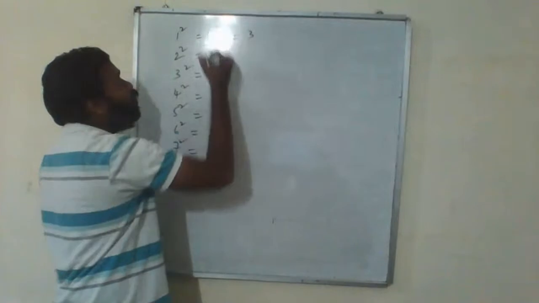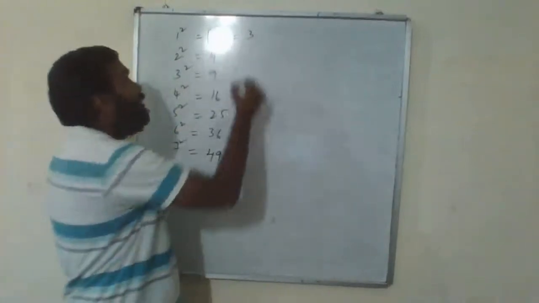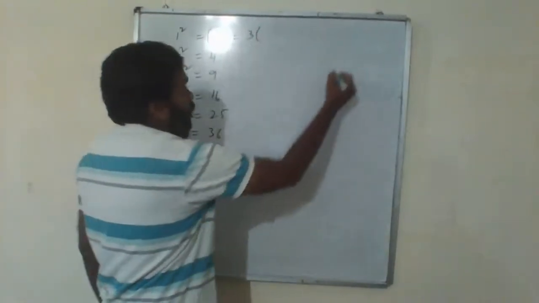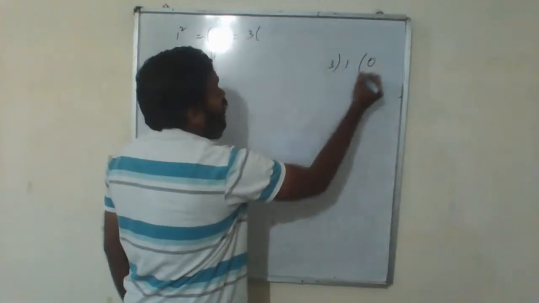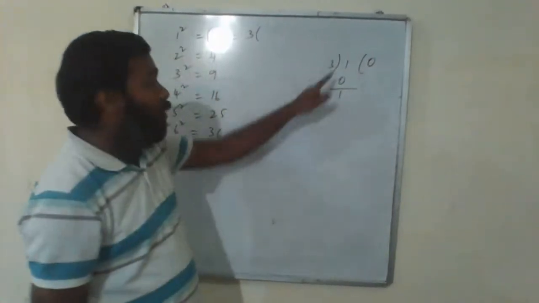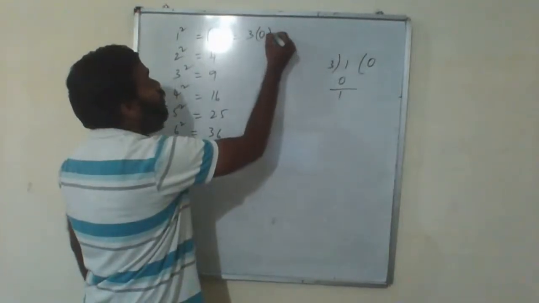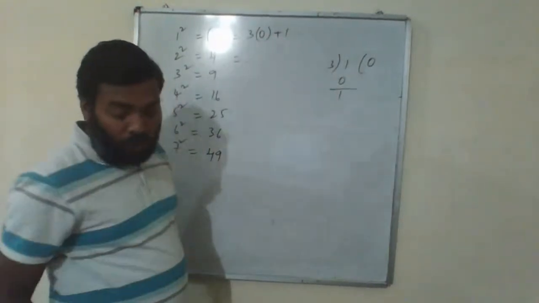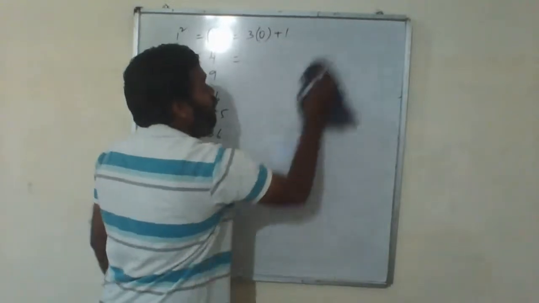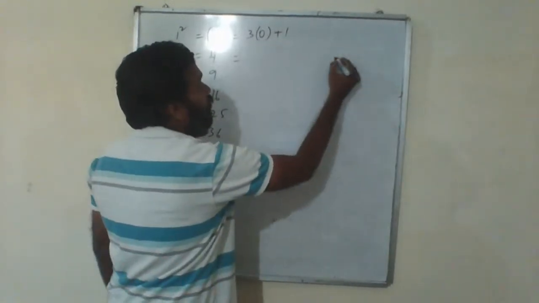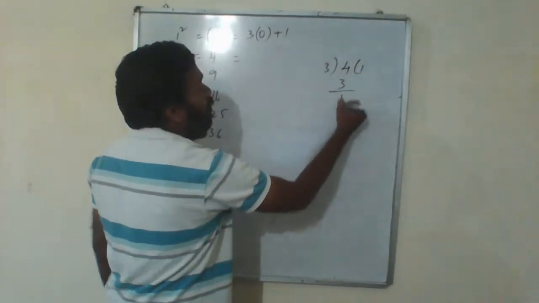That means these squares should be divided by 3. For 1, 3 zeros are 0 because you can't divide 1 by 3, so the remainder is 1, that is 3 into 0 plus 1. If you go for 4, that is 3 ones are 3, so 3 into 1 plus 1.